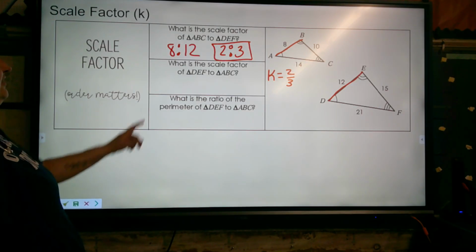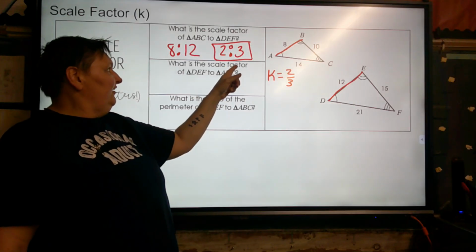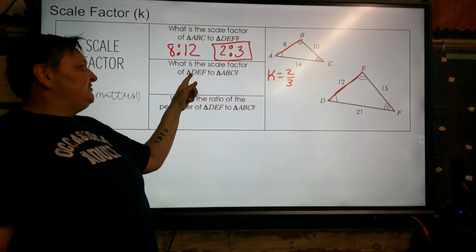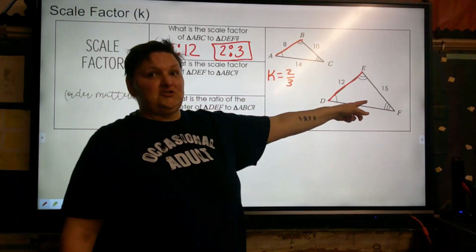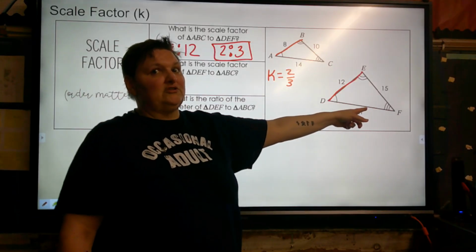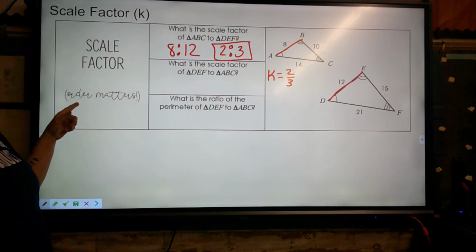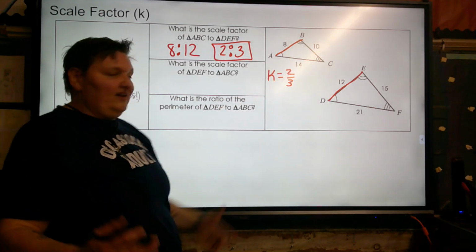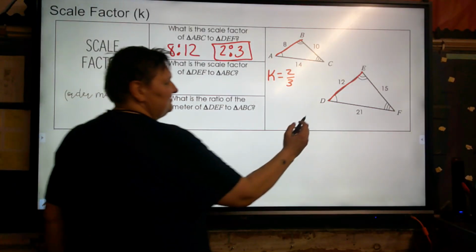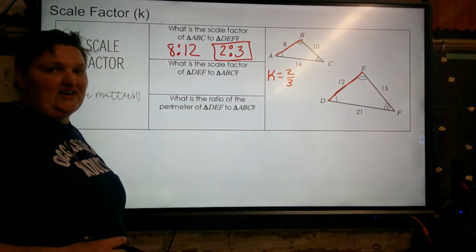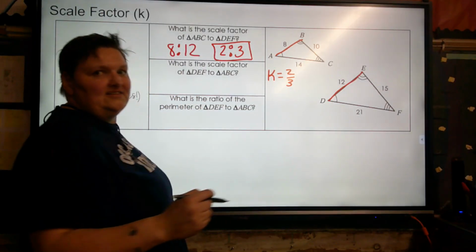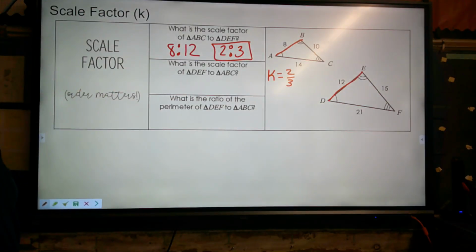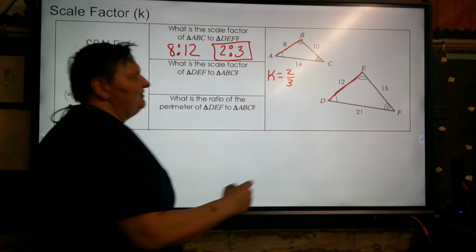Let's do another one. What is the scale factor of triangle DEF to triangle ABC? This time it wants us to start with this one. Make sure you start with the correct triangle. Order matters. Again, let's just choose two sides. Do we want to use the same two sides? Yes.